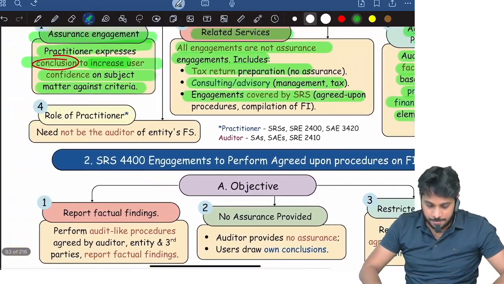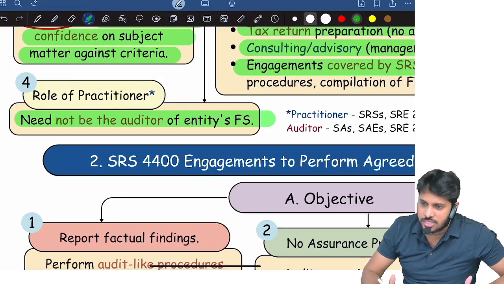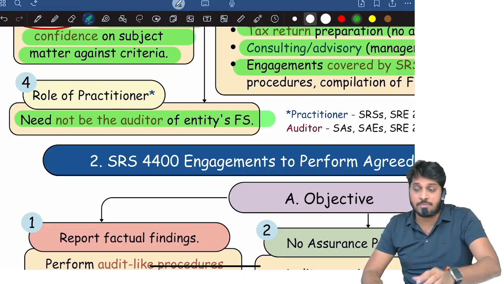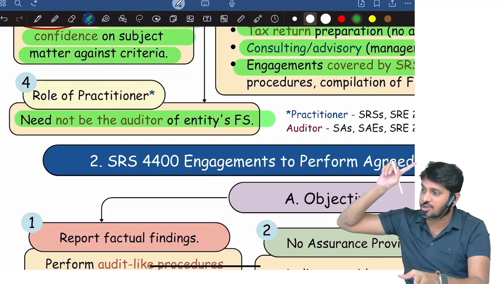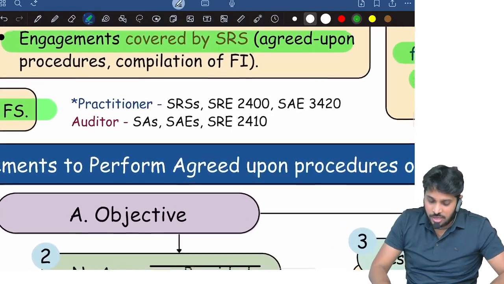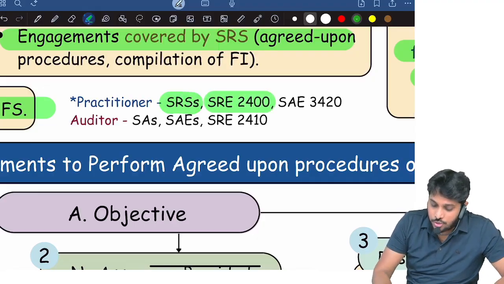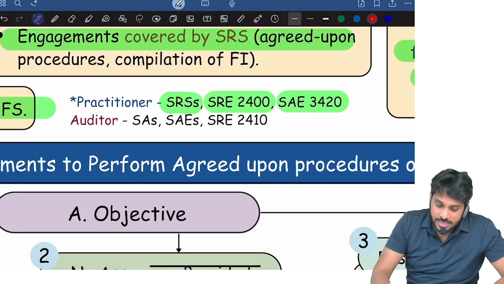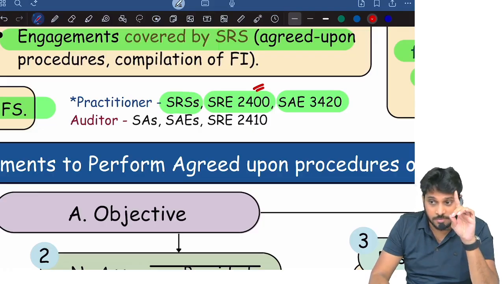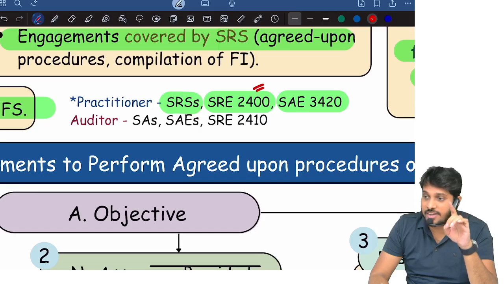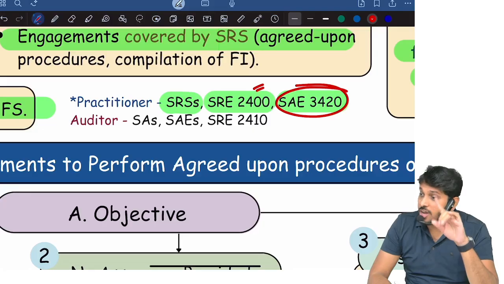Next, role of the practitioner. You need not be an auditor for performing agreed upon procedure or compilation. So related services can be done by anybody. Even an auditor can do it, provided that is not conflicting with ethical requirements. Next, in all these standards, SRS related services, and SRE 2400 and SAE 3420: SRE 2400 is review of historical financial information, not by the auditor. 3420 is engagements to report on pro forma financial information.